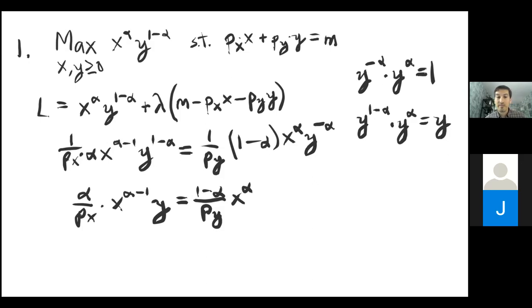If I multiply both sides by x to the 1 minus alpha, then that x on the left side will go away. And I'll have something on the right, which I can calculate now. What do I get? Alpha over px times y equals 1 minus alpha over py.